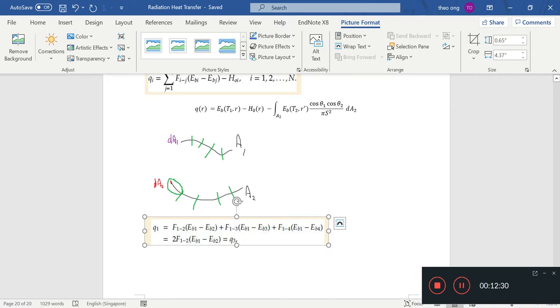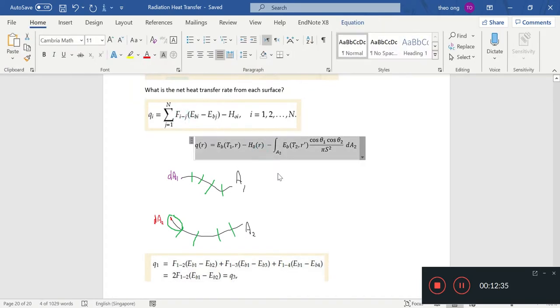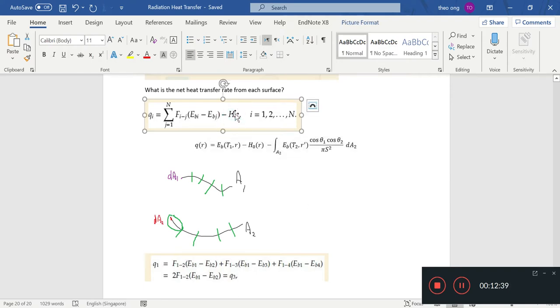The general expression, if we just copy and apply this formula, remember, it's exactly the same meaning as this formula. It is just the outside radiation and the net heat flux leaving the surface.